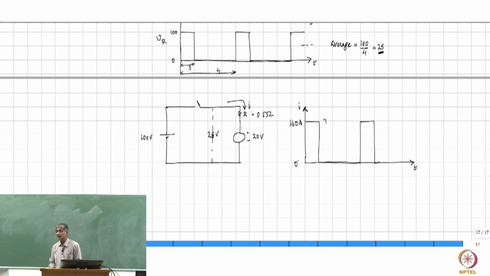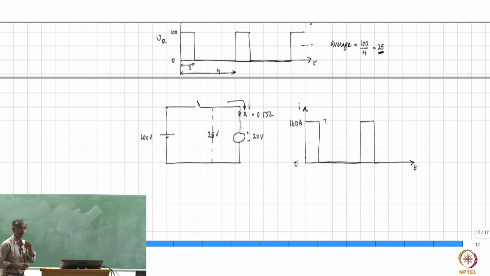The question is, is this desirable? It is not desirable. Why? In this particular case we said earlier that it can take 5 ampere. So let's say that is not the motor and the motor can take 160 ampere. If the motor can take 160 ampere, is this desirable?